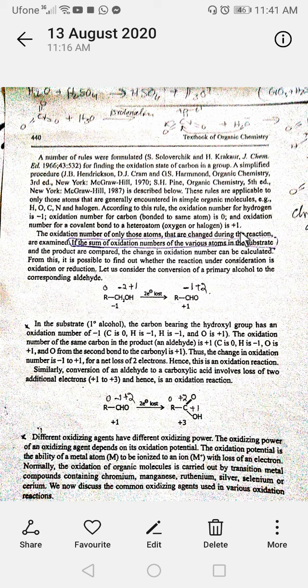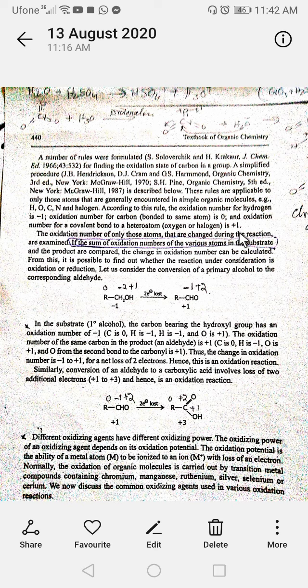For a more electronegative atom, it is +1. For a less electronegative atom as compared to carbon, it is -1.